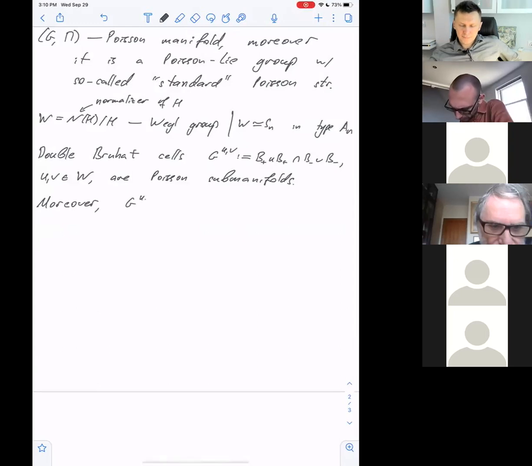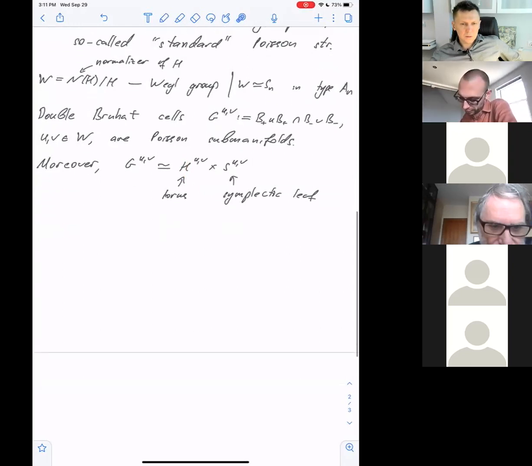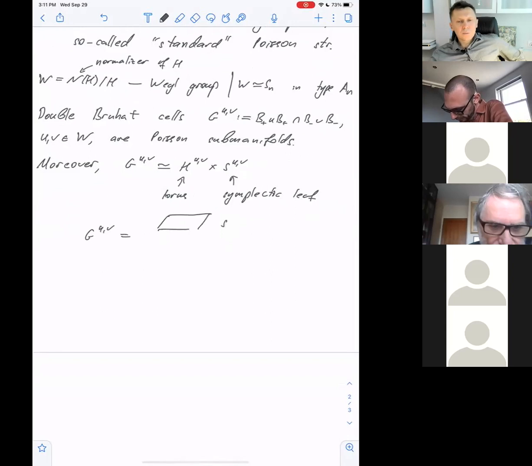G^{u,v} is just isomorphic to H^{u,v} times S^{u,v}, so it's some torus, not maximal, times a symplectic leaf. In other words, you have the symplectic leaf, and then you have this torus direction along which your Poisson bivector is trivial. If I wanted to draw a picture, you have this symplectic leaf S^{u,v}, and then you have this torus direction.